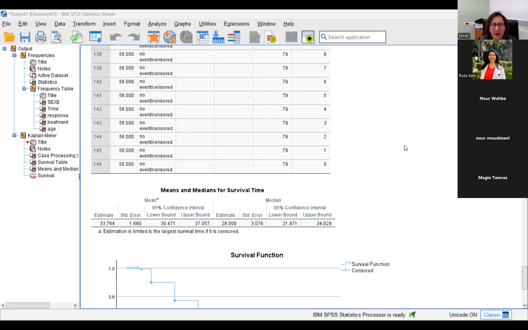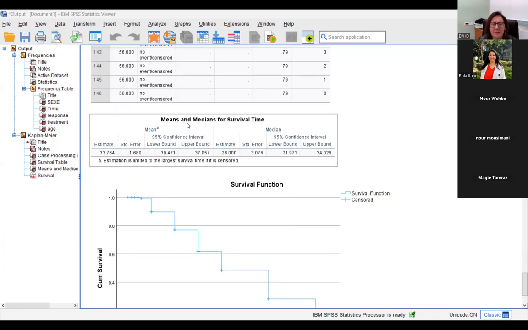And then what I ask for is the mean and median survival time. Of course, the mean in such data would usually be skewed, to the right or to the left. Here it says that the mean survival time is 33 months, with the lower and upper boundary.